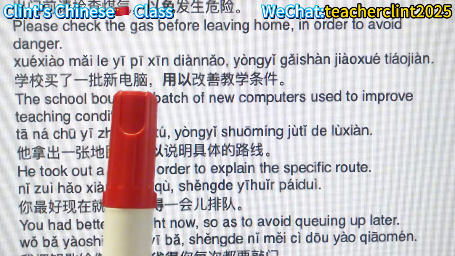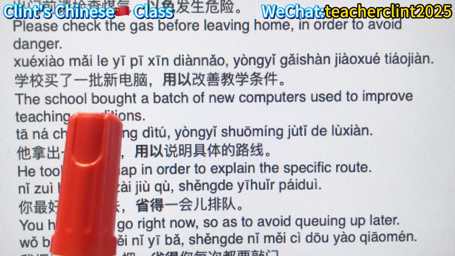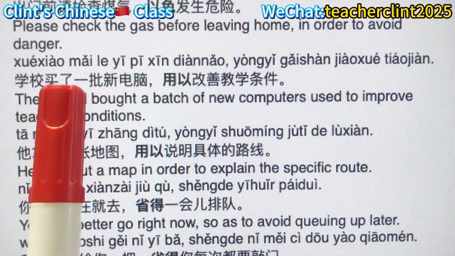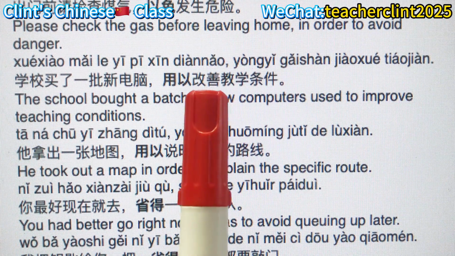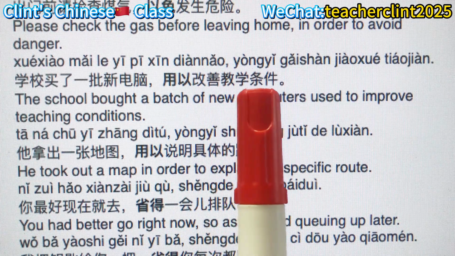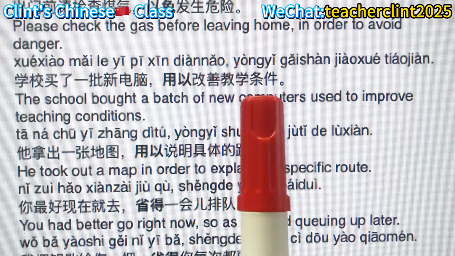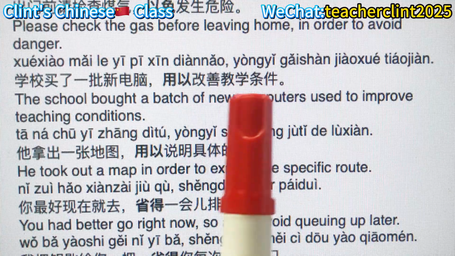So here 一批新电脑 the noun phrase is the object of the verb bought. And 用以 used to, 改善 the verb improve, 教学条件 this is a noun phrase, teaching condition, verb object.